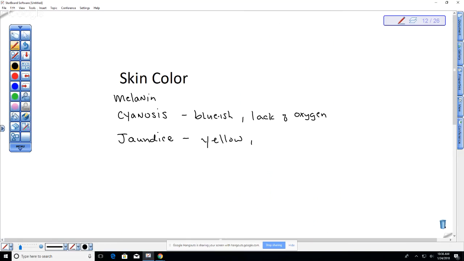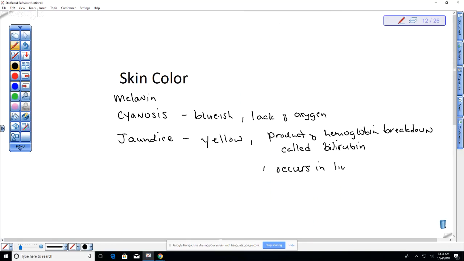So this is due to a product of hemoglobin breakdown called bilirubin, and this breakdown occurs in the liver. So people who are having liver failure might show signs of jaundice.